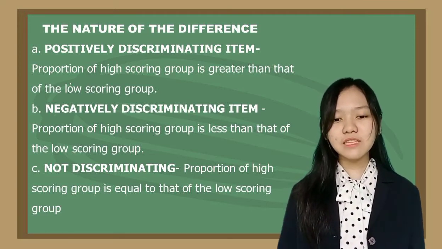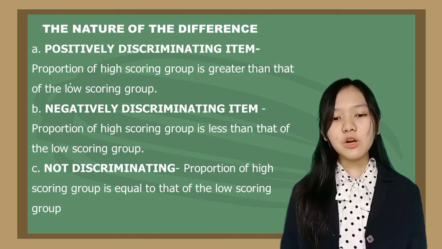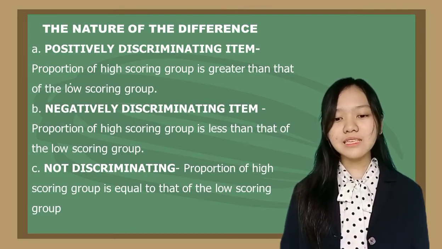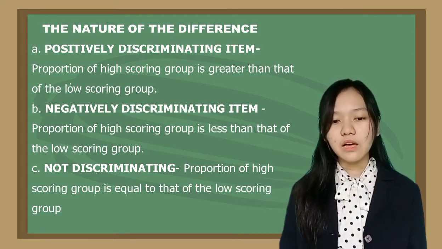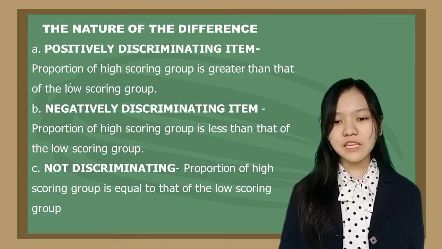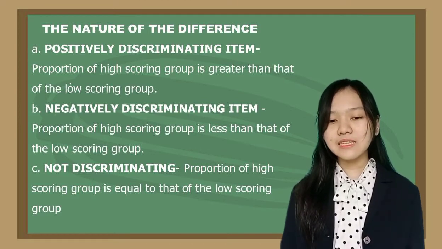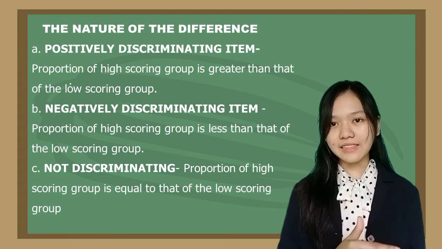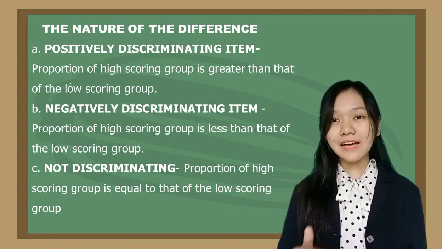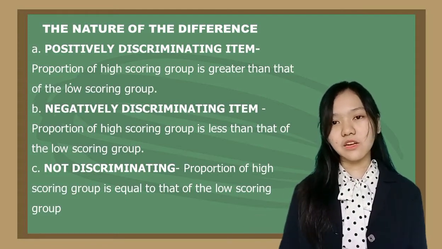For the negatively discriminating item, the proportion of the high scoring group is less than that of the low scoring group. So in this negatively discriminating item, it means that the high scoring group got a low score in that item, while the low scoring group got the high score in that particular item.